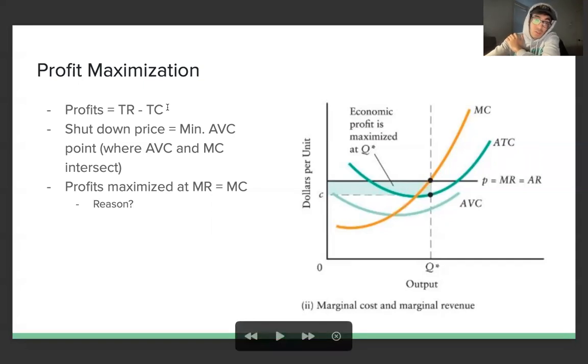It's total revenue minus total cost. Total revenue is price times quantity, which is this big area. And then total costs are quantity times average total costs, and that's this area. Subtracting one from the other gives you this shaded region, which is the maximized profits.